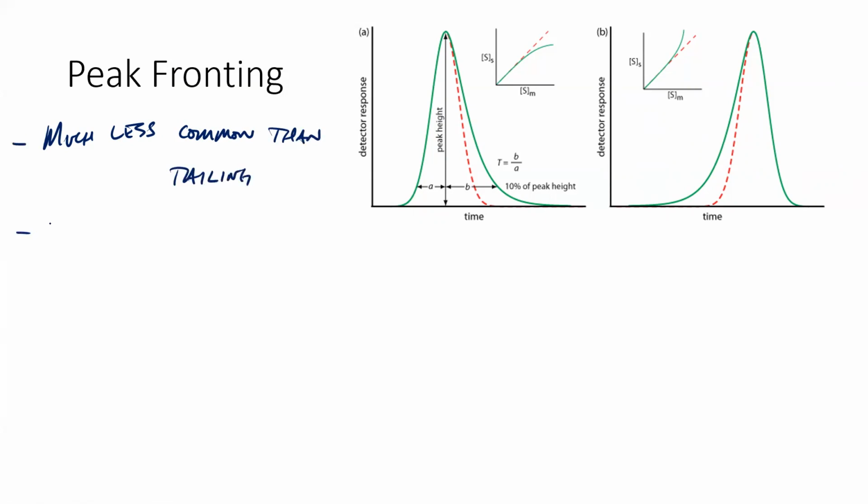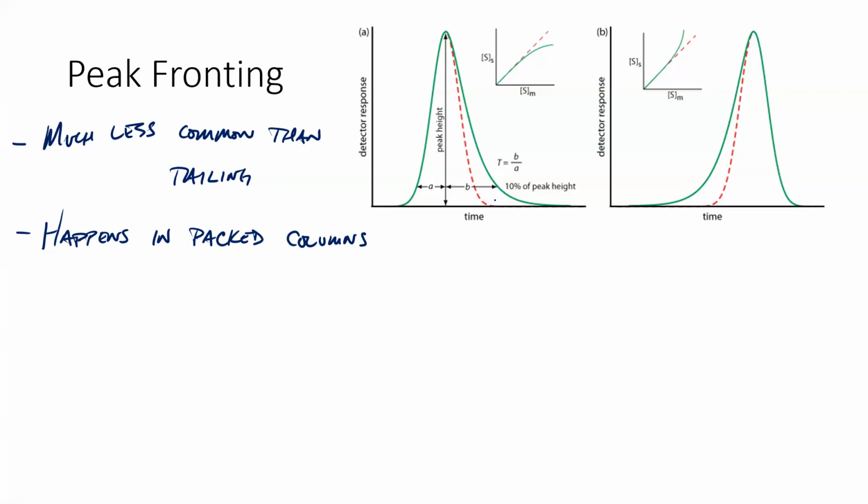And really, peak fronting only happens in packed columns. Only is a very strong word, right? 99.5% of the time, I don't know. A lot of the time, this happens in packed columns.